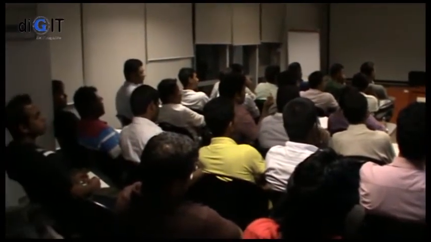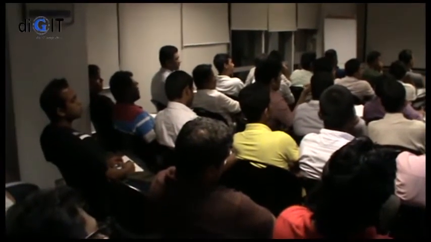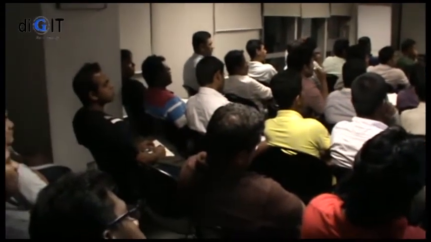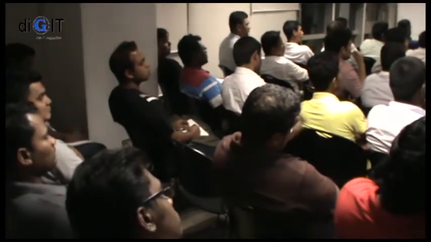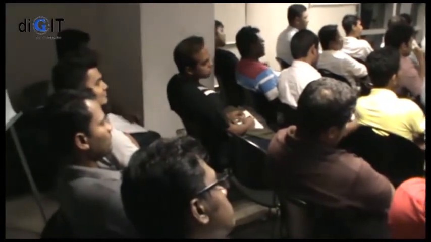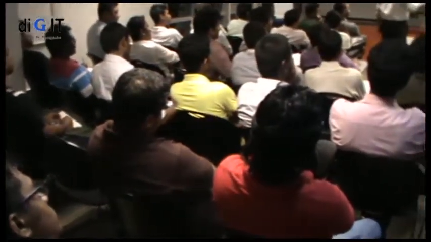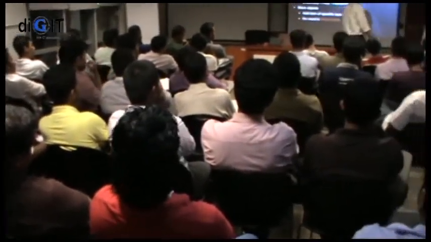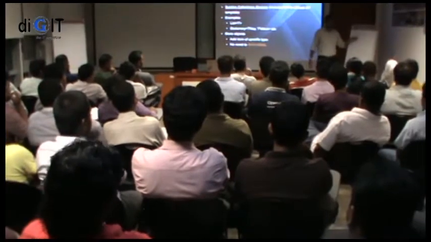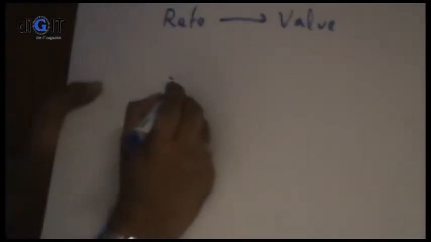Okay, that's correct. I'll give you this one. Value types are all the primitives except string, and the reference types are classes, arrays, and so on. And the struct is a value type.